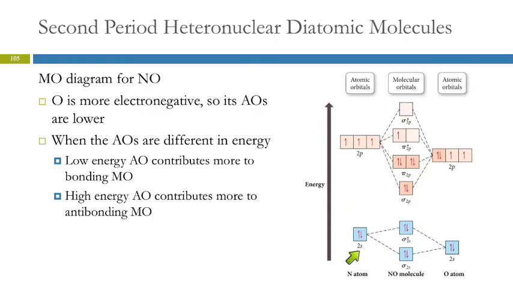So you fill those in, and you end up with this molecular orbital diagram. The high energy atomic orbitals contribute more to the antibonding, and the lower ones contribute more to the bonding orbitals.